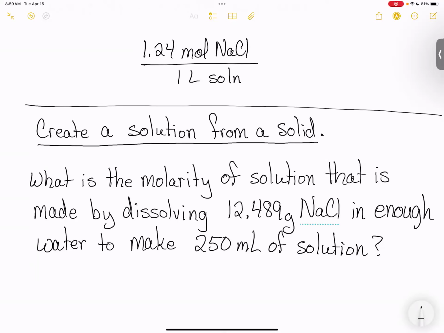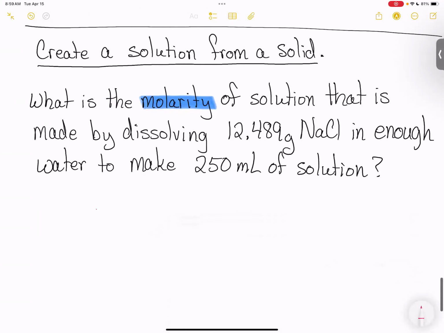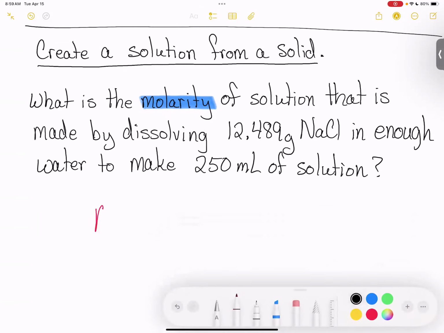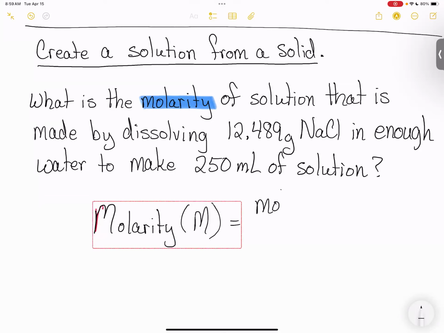Okay, folks. I asked you for the molarity. The formula for molarity is a constant. The formula for molarity, capital M, is that it is the moles of solute over the liters of solution.